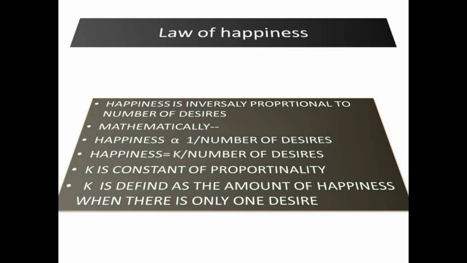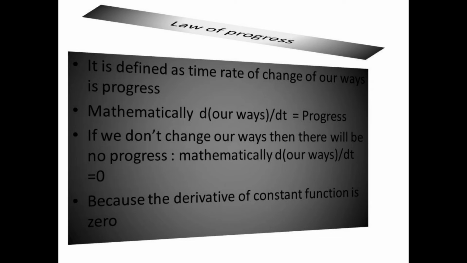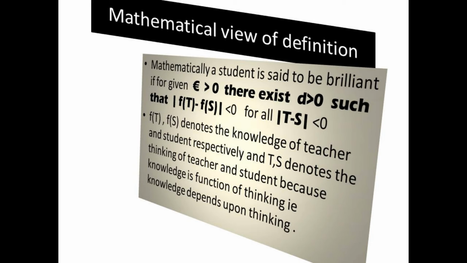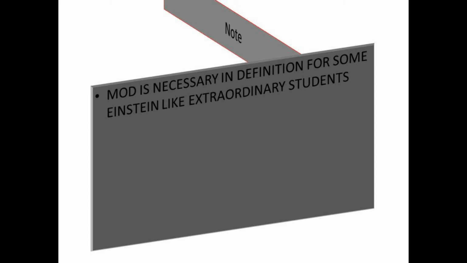Here the mod is necessary in this definition, because for some extraordinary students this definition may be contrary, because it will make f(t) minus f(s) negative. So that is why I put mod here, there is continuity. Like Einstein, we can say the mod will be necessary for that definition.